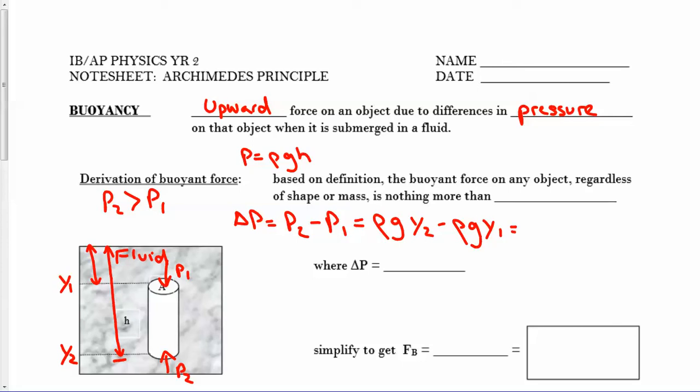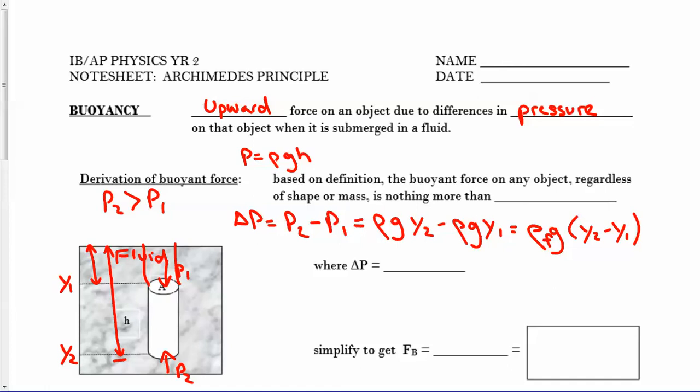So we could pull out the rho, and the g, and we have some y2 minus y1. Now, it's important to realize that that rho is the density of the fluid, right? The pressure is due to the column of fluid that's above that surface.